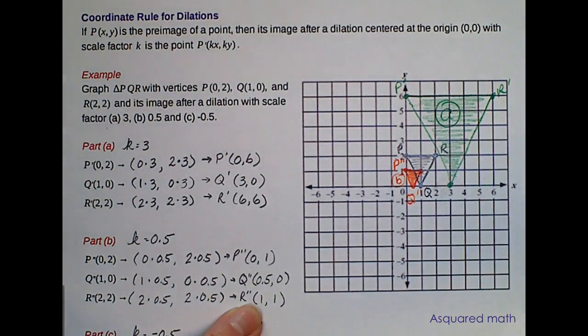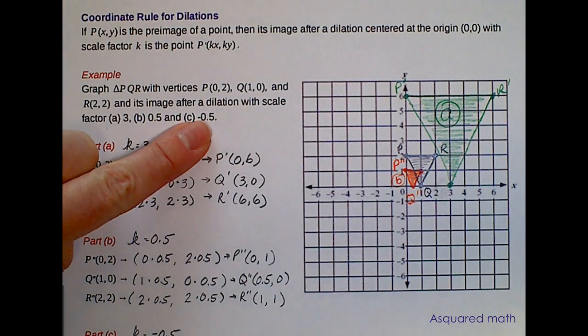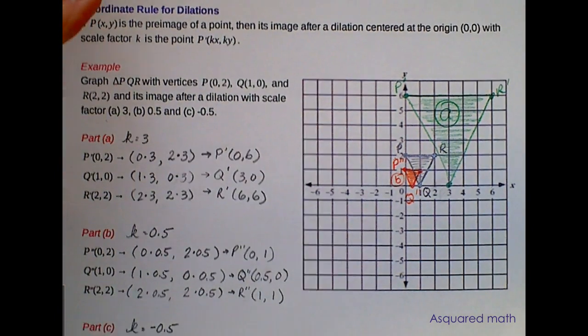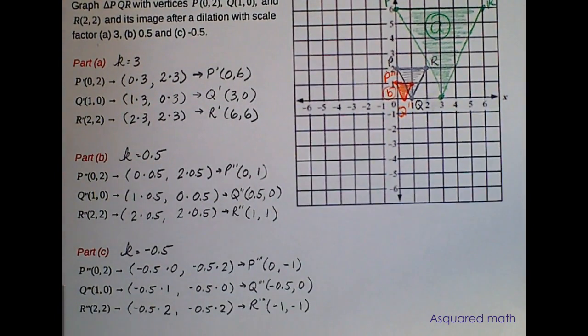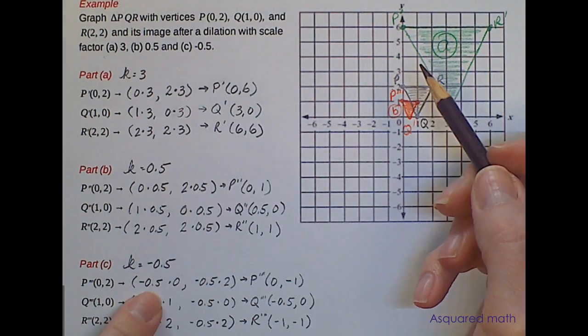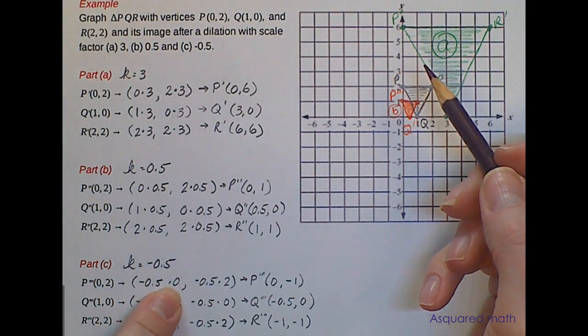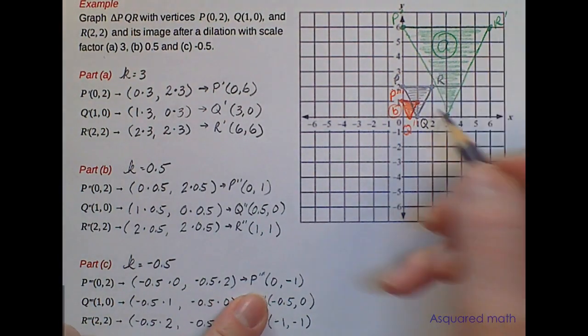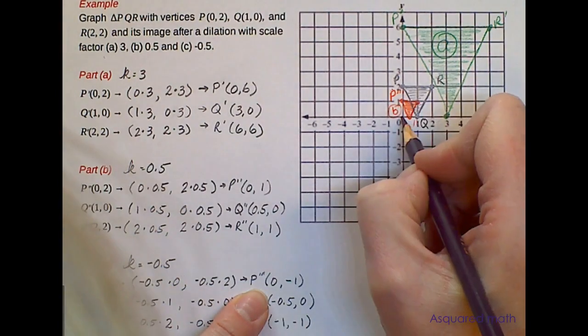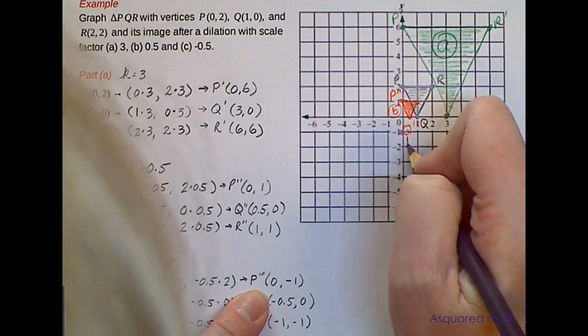And then the last part, part C, we're working with a -1/2. So you're going to do the exact same calculations, except you have a negative in there. And I already worked those out so that we can just plot them on our coordinate system. And so we have -1/2 times 0 and -1/2 times 2 gives us a P triple prime, right or left 0, down 1, P triple prime.